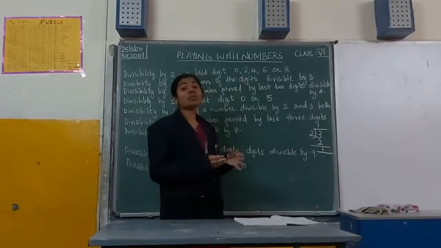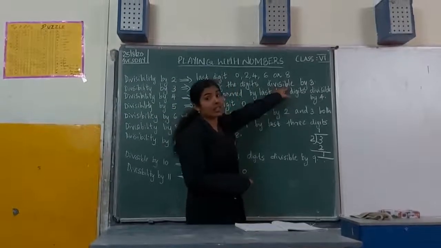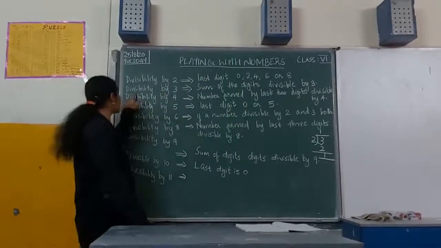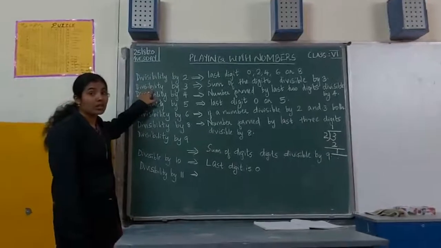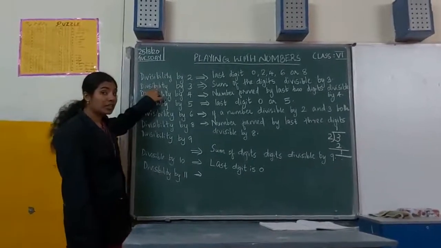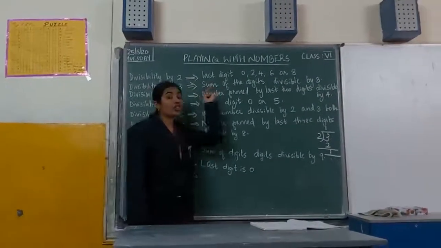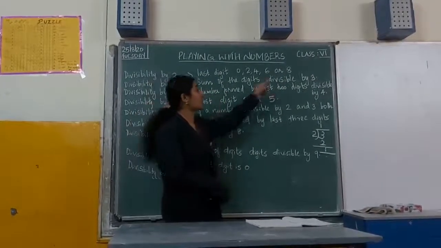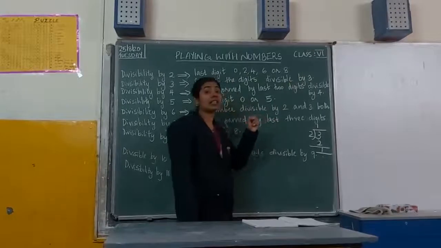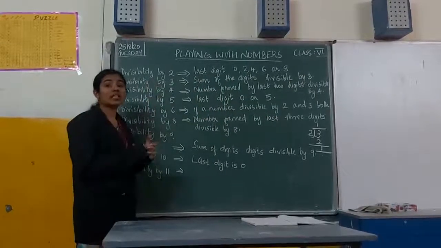If that sum is divisible by 3, then we can say the number is divisible by 3. When you are given one number, how to check the divisibility? You should add all the digits, and if that sum is divisible by 3, then we can say the number is divisible by 3.